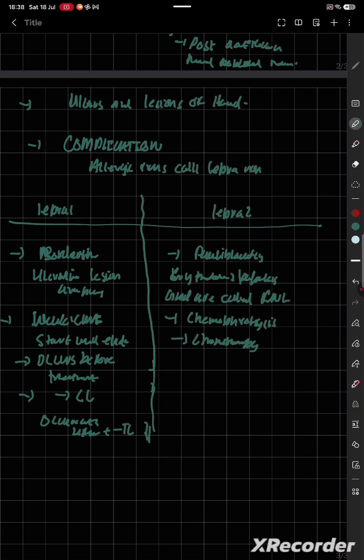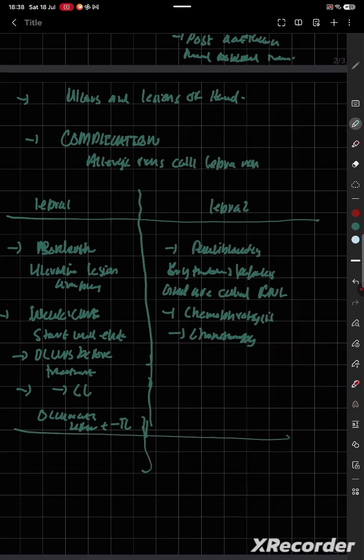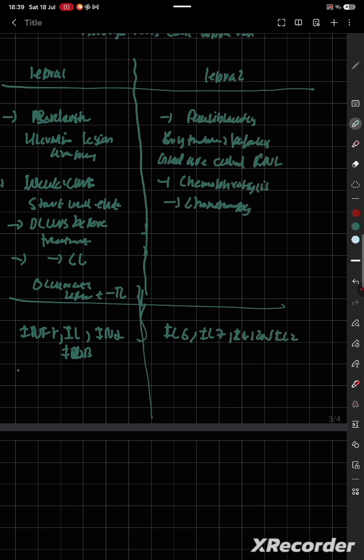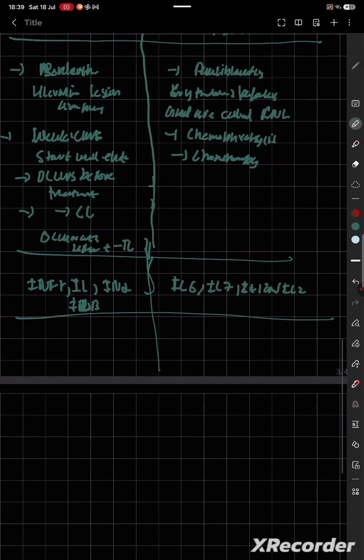Okay, then here there is interferon gamma and interleukins, and here it is mostly interleukin 6, interleukin 7, interleukin 1, and interleukin 2.